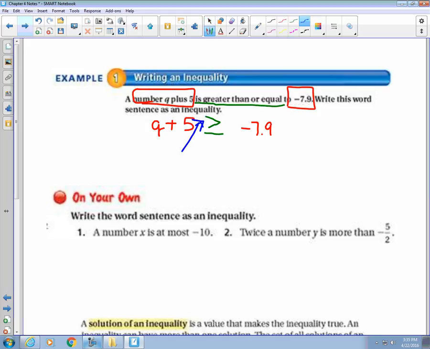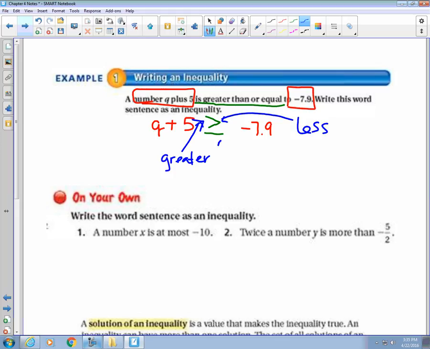The open side always faces the larger or the greater side, okay? And since the q plus 5 is greater, the opening of the symbol has to face the greater side, all right? And the part where the symbol comes to a point over here is always the less than side, okay? So the greater than side is the open side, and the pointed side is the less than side.